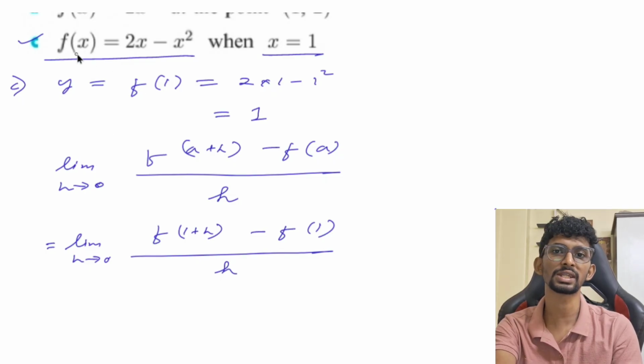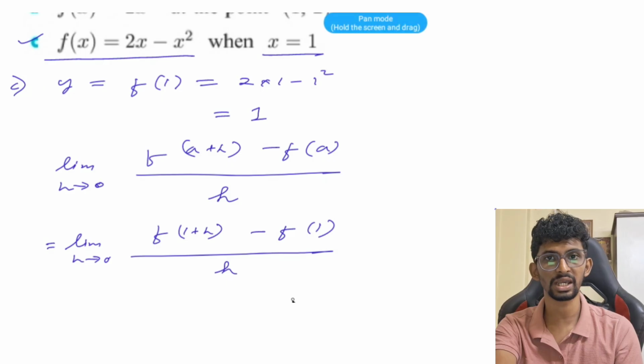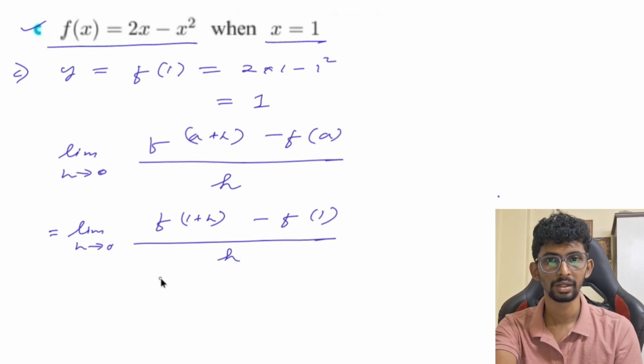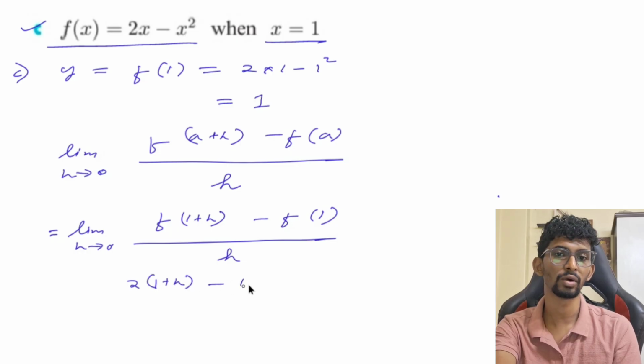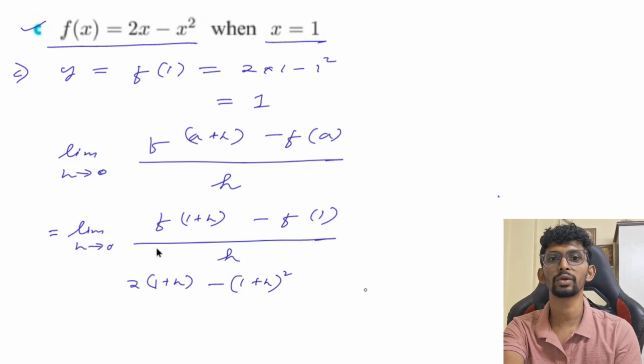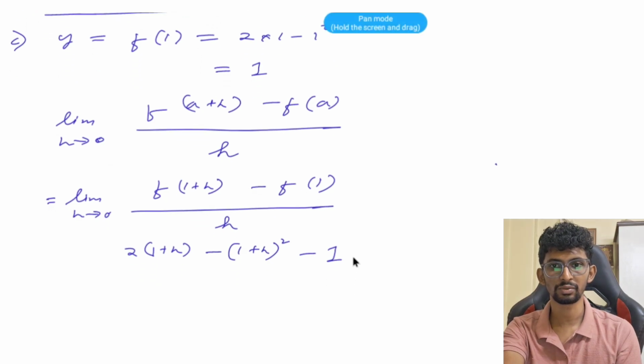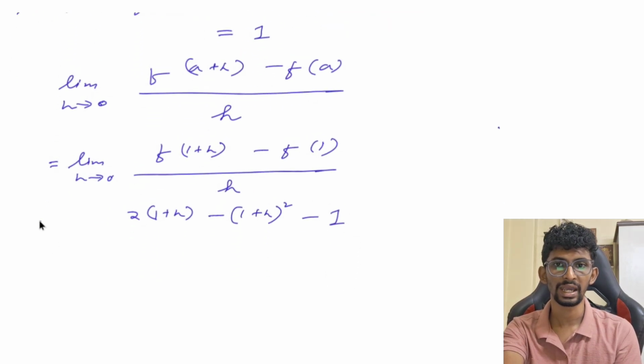Since the function is f of x equals 2x minus x square, f of 1 plus h will be 2 times 1 plus h minus 1 plus h whole square, and f of 1 we have already calculated, that is 1, so minus 1. So this will become limit of h tends to 0, this by h.